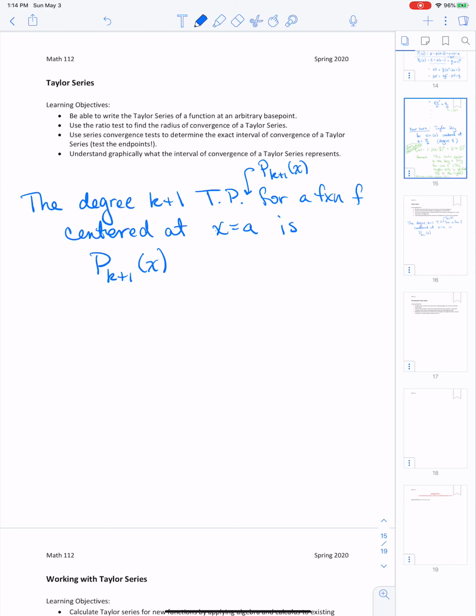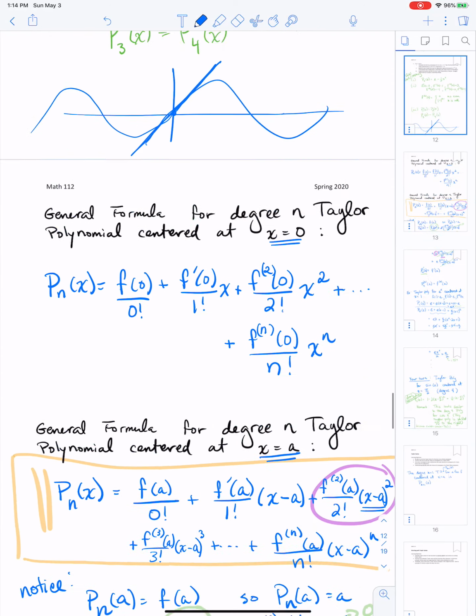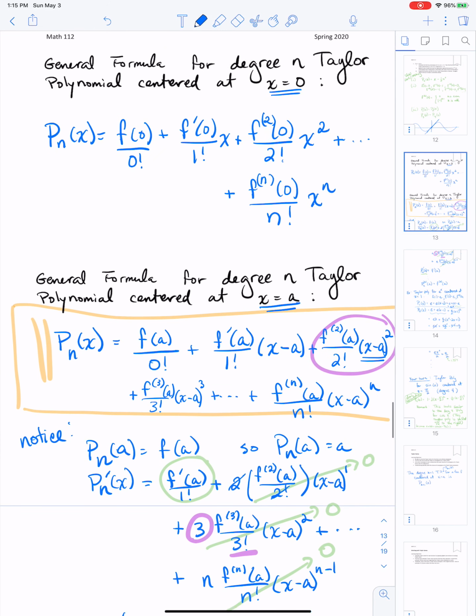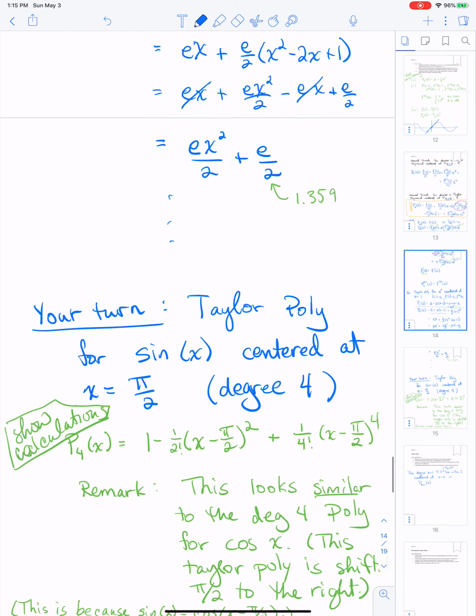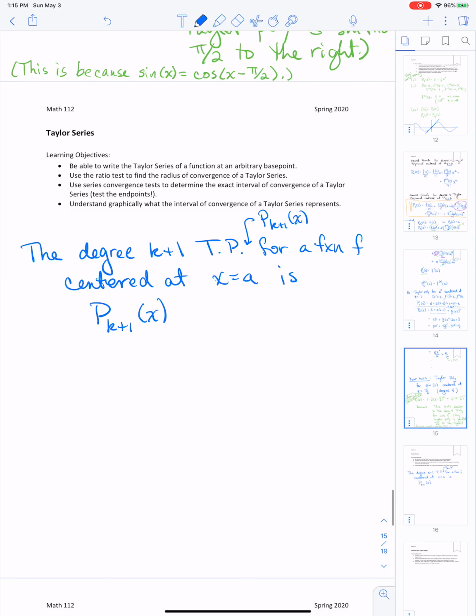Well, we have a formula, right? So our formula, and I just want to remind you, is this one right here that I've got in orange. Notice that if I'm considering these terms here, this is really the same as the kth Taylor polynomial plus the last term, right?